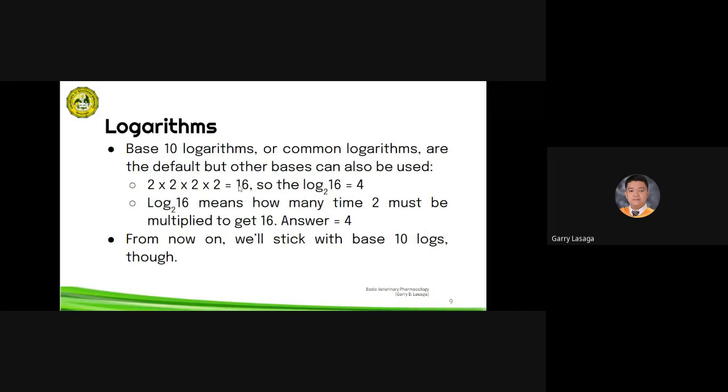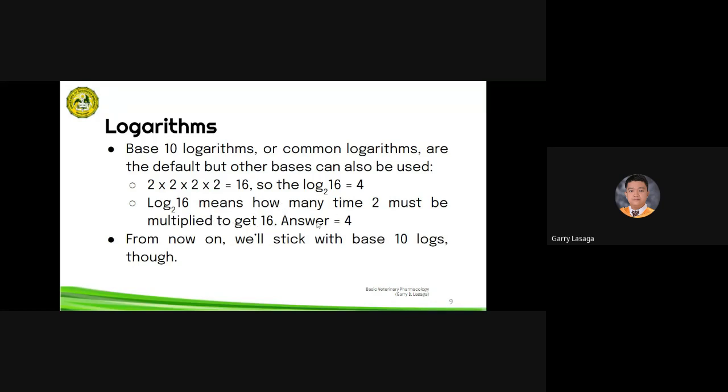For 16, when you use 2 as our base, the log base 2 of 16 is equal to 4, and this will indicate how many times 2 must be multiplied to get 16.